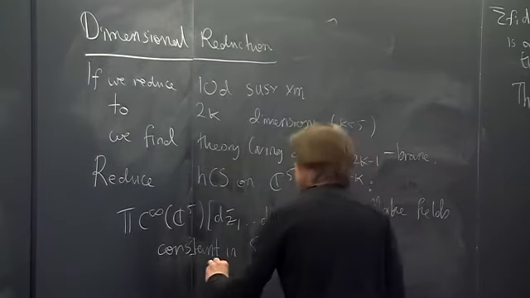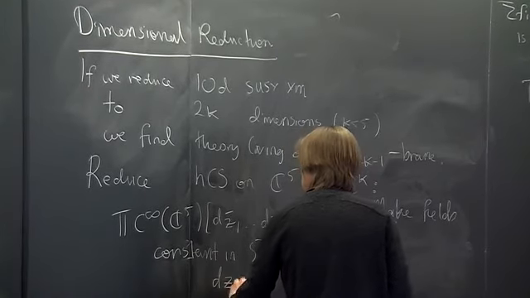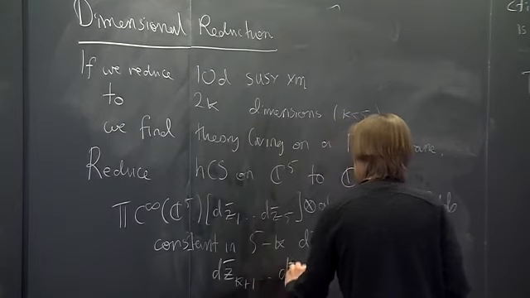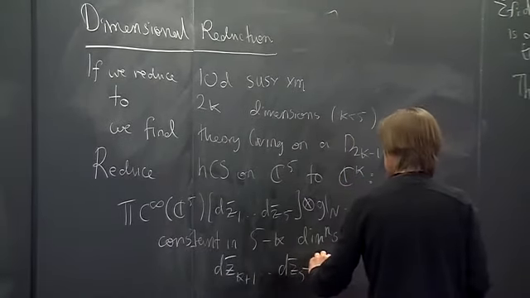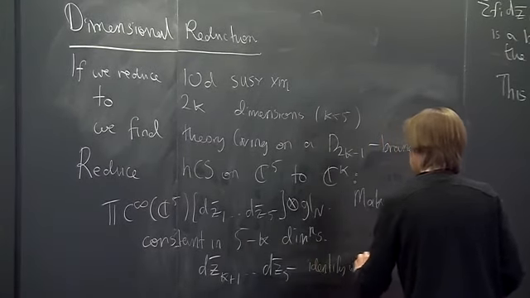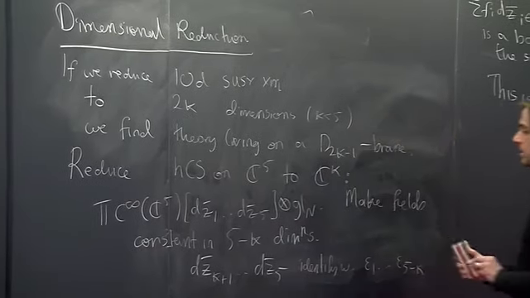And we'll rename d z bar k plus 1 up to d z bar 5, we'll identify these with epsilon 1 up to epsilon 5 minus k.